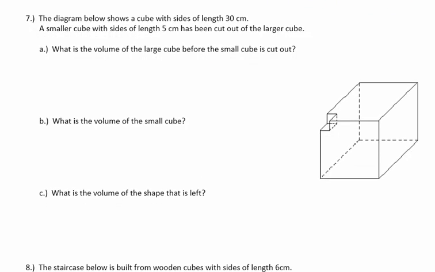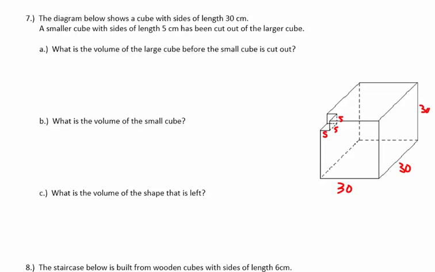Question 7, if you turn to that page, the diagram below shows a cube with side lengths of 30. So we have this cube here, and it's got 30, 30, and 30 side lengths, centimeters. A smaller cube with sides of length 5, so all these are 5s here, has been cut out of it.